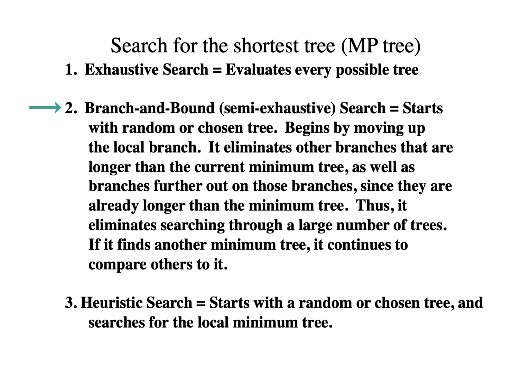So it's going through searching each one of those trees for a local minimum. And it also searches branches further out from those branches. If they are already longer, then it eliminates entire regions of those trees to search through. And I'll show you that in the next series of slides.